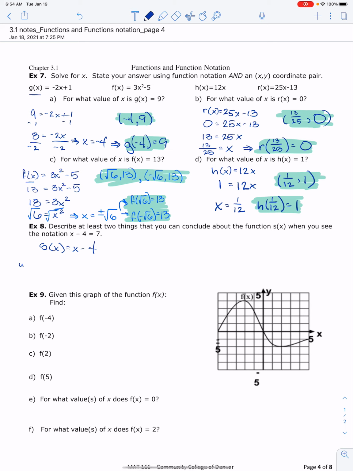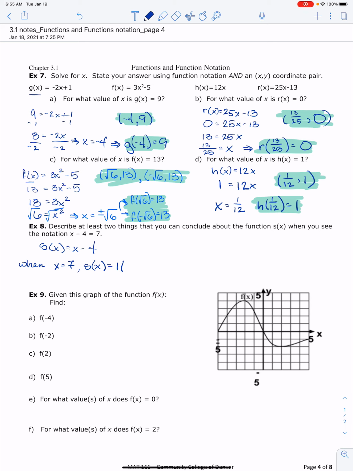We can say when x equals 7, s of x equals 11. If you've got other ones there that are created, feel free to add that in on the discussion board.